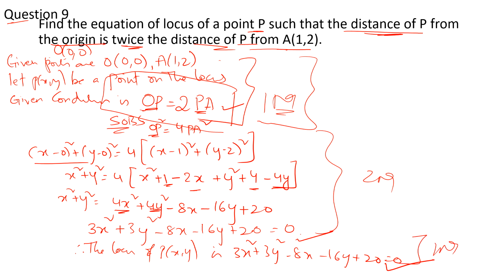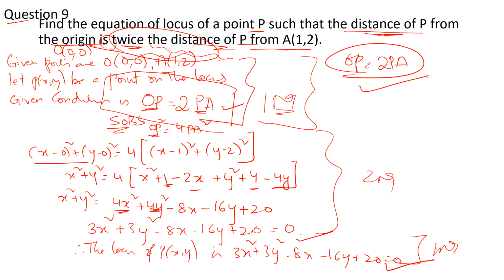Here you need to remember that in "twice the distance from P from A", the words after "from" you need to consider as one statement, which means simply PA. So you need to remember it's better to take squaring on both sides instead of taking the root, as it will give some confusion. Just take squaring on both sides, the square and root cancel, and you can proceed with the steps.